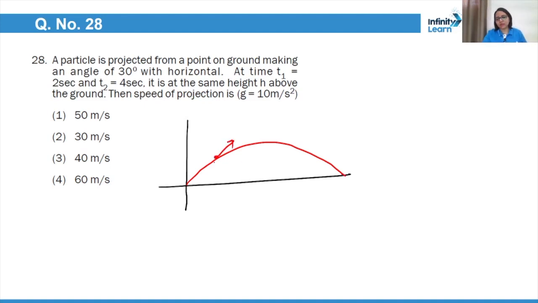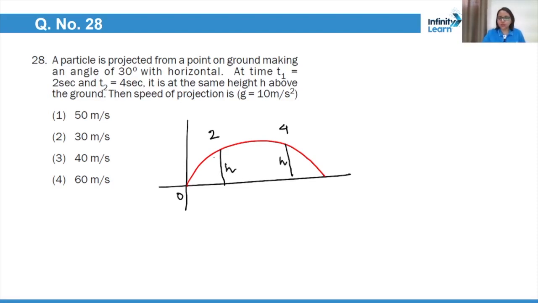Let me make this diagram one more time. So this is the path of the projectile. At t equals 2 seconds and at t equals 4 seconds, it will be at the same height from the ground, right?